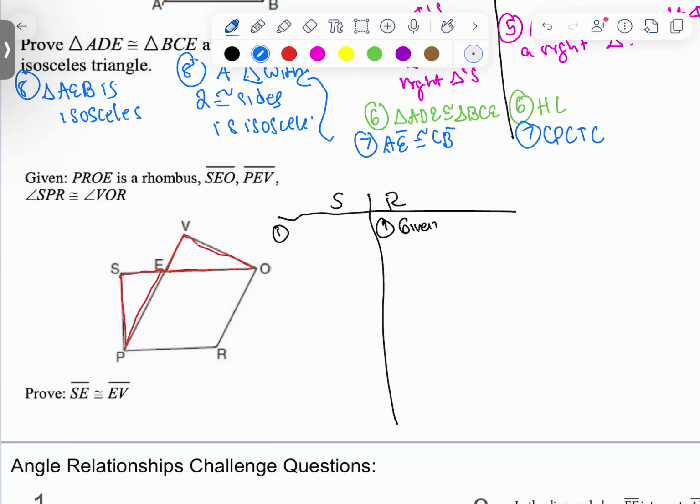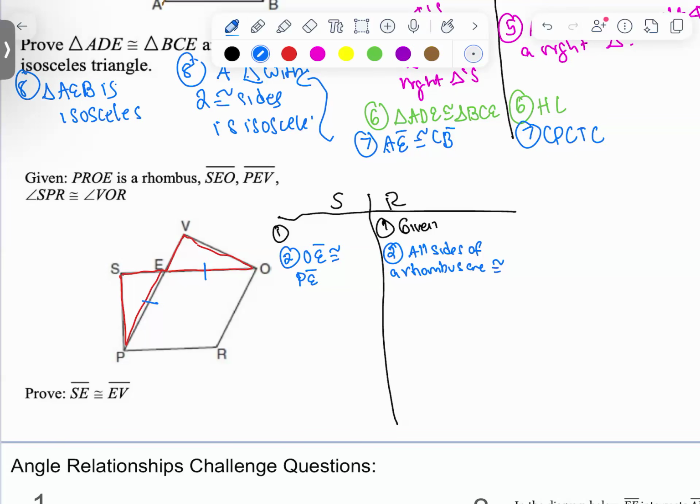One special property of a rhombus is that all the sides are equal. OE is congruent to PE because all sides of a rhombus are congruent. Or you could say consecutive sides or adjacent sides are congruent.